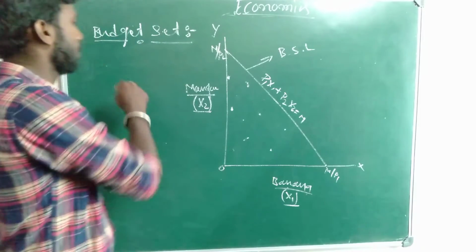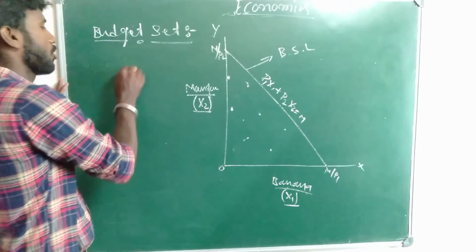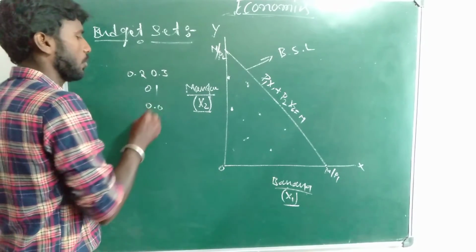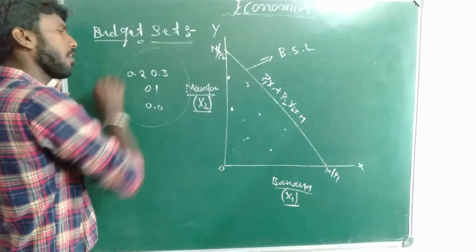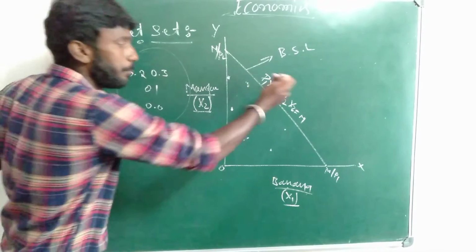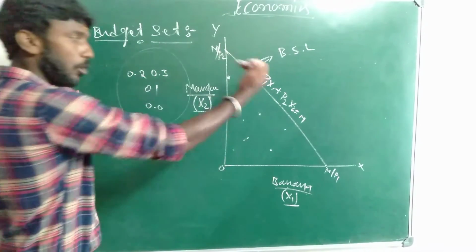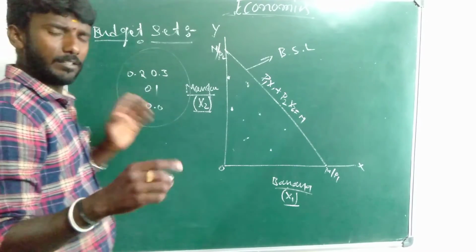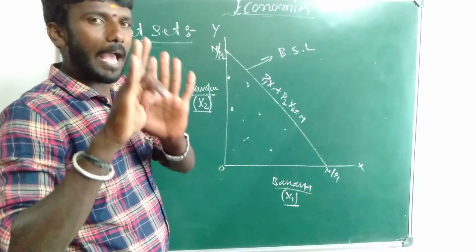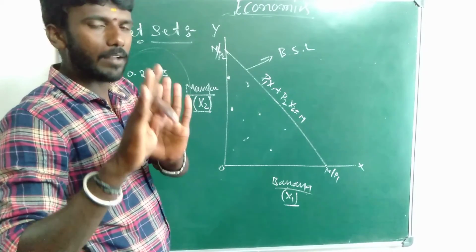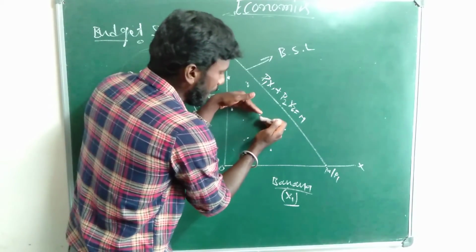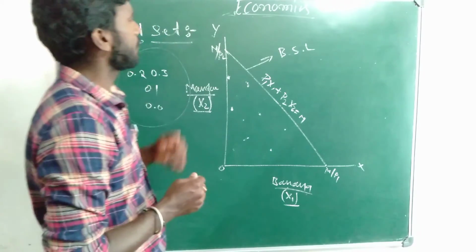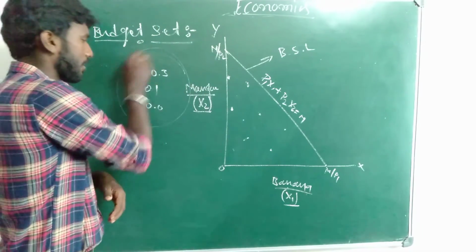For example, options like 0 2, 0 3, 0 1, 0 0. It means all these types of bundles lie below this curve. Okay, see, it is very clear. If any point or bundle is located below this line, that bundle cost is less than the consumer income, like these bundles.